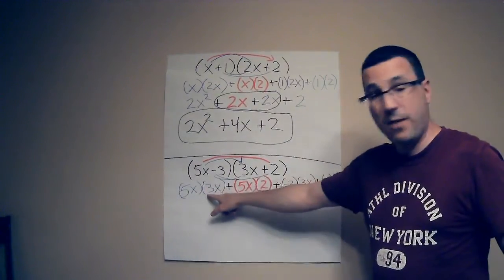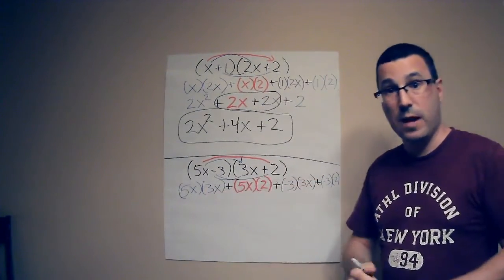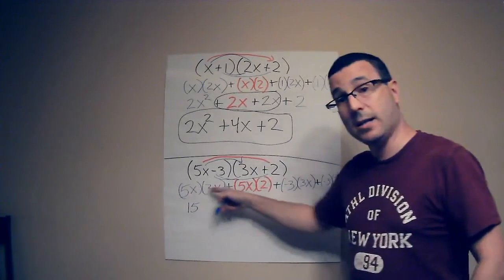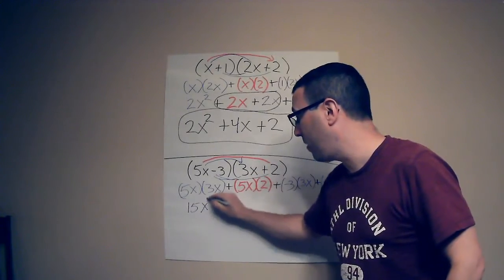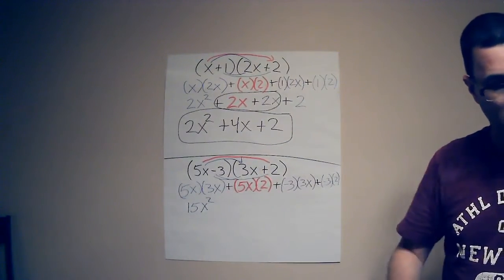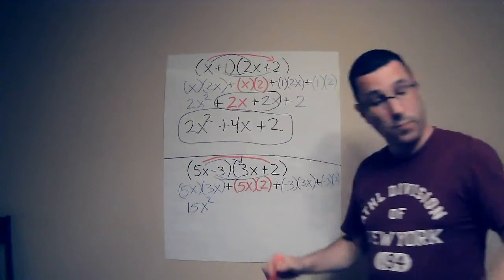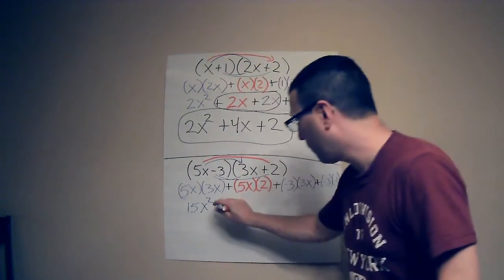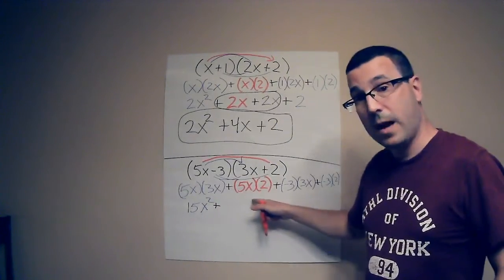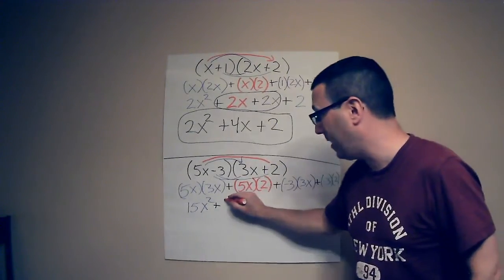So 5x times 3x, 5 times 3 is 15. X times x is x squared. Plus 5x times 2 is 10x.